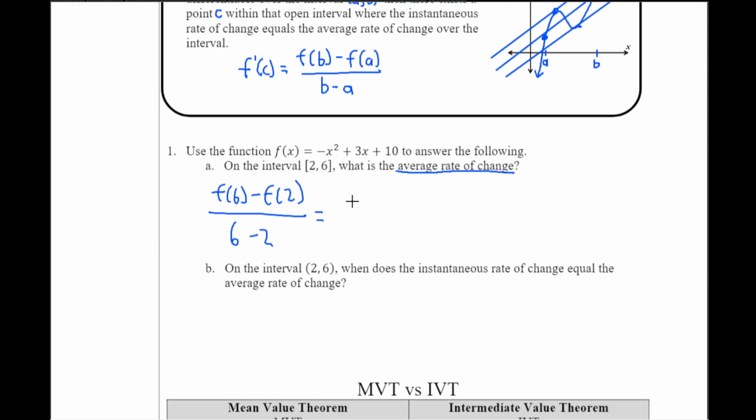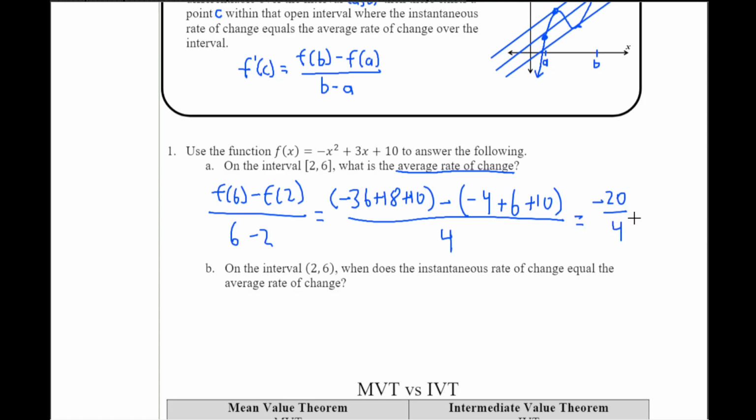We plug in the 6: negative 36 plus 18 plus 10, minus parentheses, negative 4 plus 6 plus 10, all over 4. And this gets us negative 20 over 4, which is negative 5. That's the average rate of change of this function f of x on the interval 2 to 6.